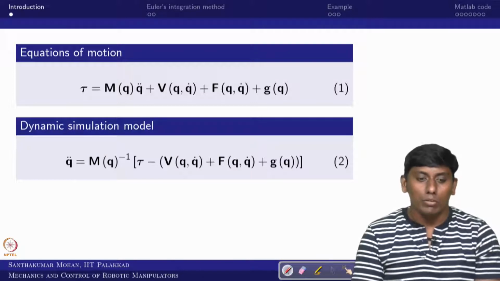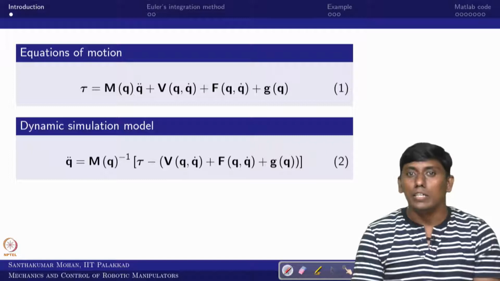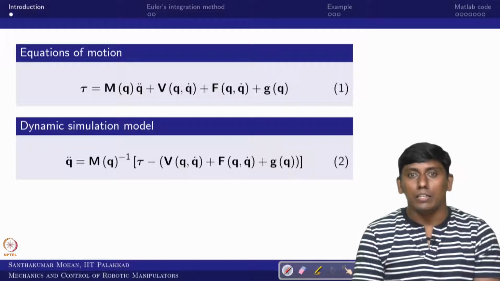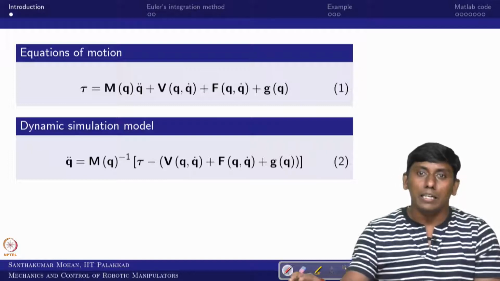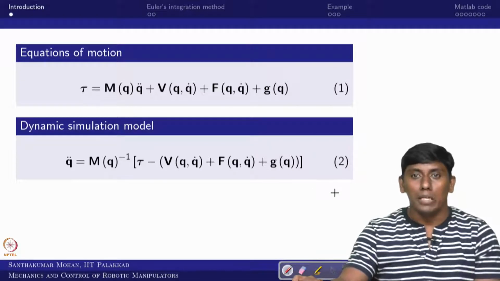We call this a dynamic simulation model. We are writing everything in acceleration form, so q double dot can be written in this simple equation. Now you can see the initial condition q dot and the input tau are known, and the frictional quantity, gravity vector and all other vectors can be found based on that.